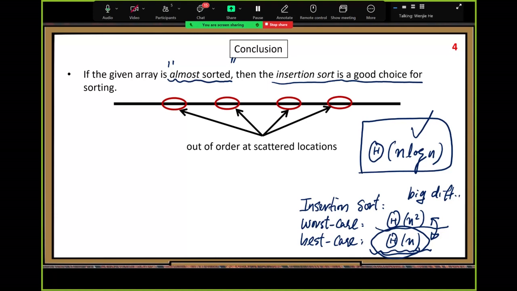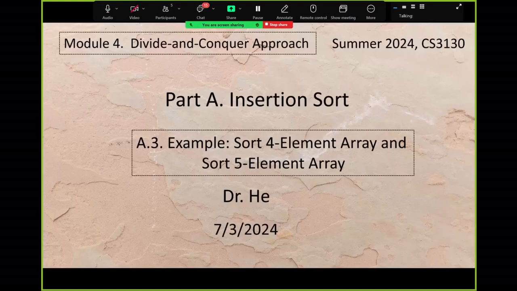That's one important point I want to talk about. Next, I want to show you two examples: sorting a 4-element array and sorting a 5-element array.